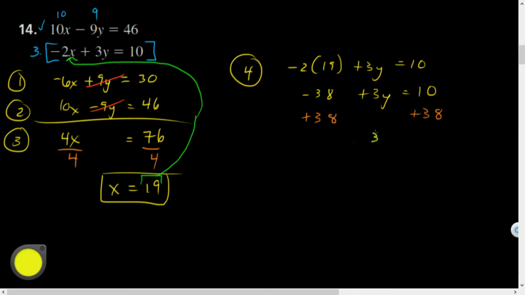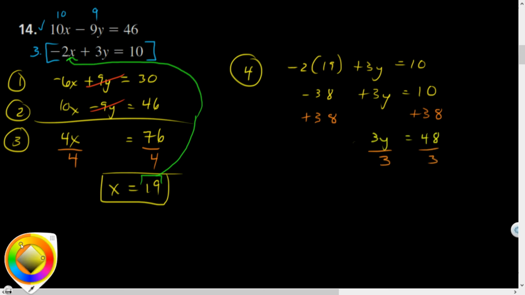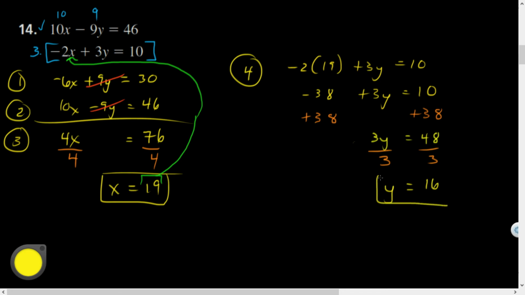So I'll have 3y equals 48. Ooh, I think I know this one, guys. Divide, yep. And we're getting so good at solving. I'm telling you guys, you might not realize it, but you've been growing stronger every day. Wonderful. I believe that's 16. So my solution is 19, 16.